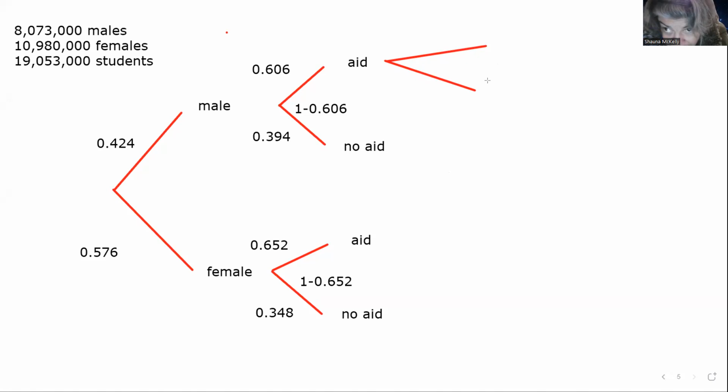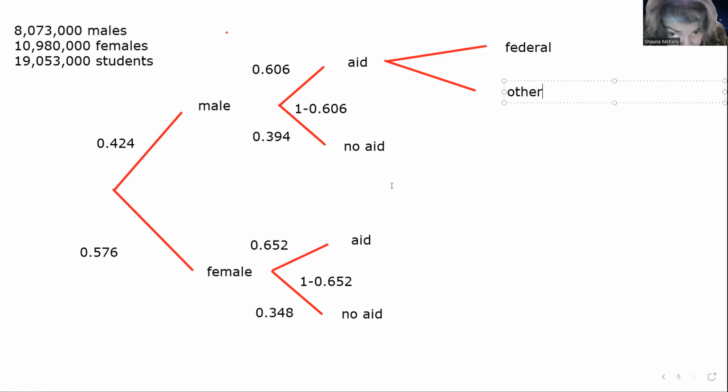So let me move this over to the top of the screen. So we either have federal aid, or, because it doesn't tell us, I'm going to put other.